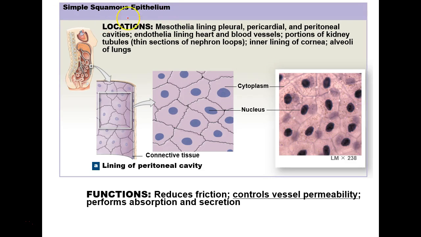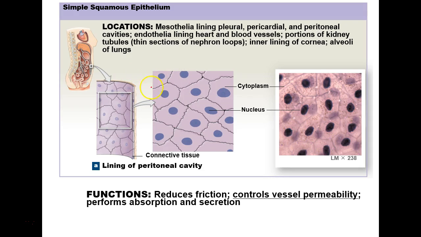Alright, so simple squamous epithelium. These next few slides are going to show their locations and their functions. So location of simple squamous epithelium, we will see them in those serous membranes we talked about, the pleura, pericardium, and the peritoneal cavities, lining the inside of the heart and blood vessels, and there are a few more examples here. Now the one we'll see more of is going to be the blood vessels. It's a very good example.